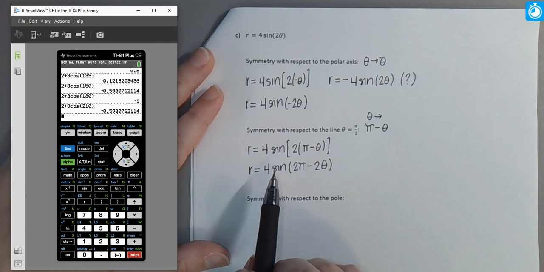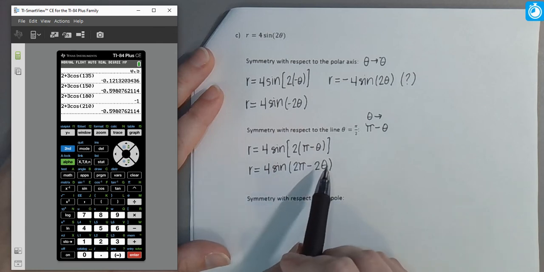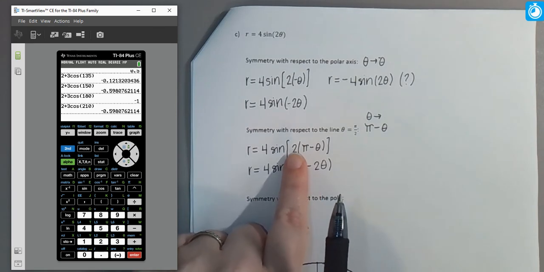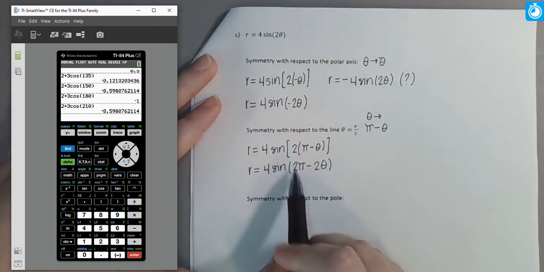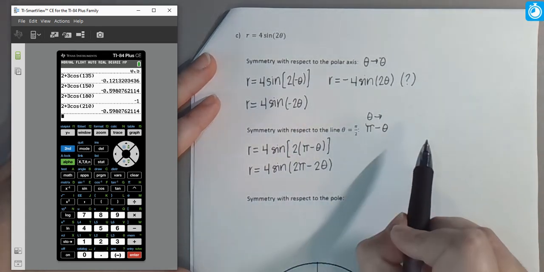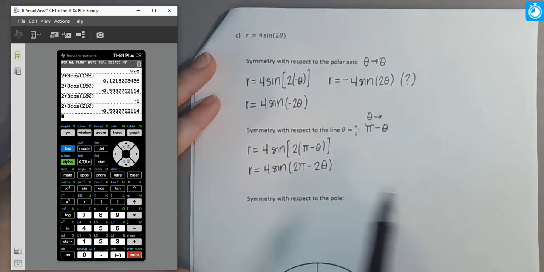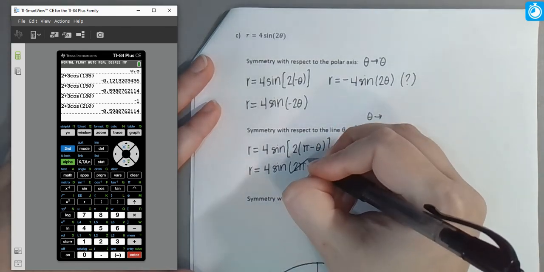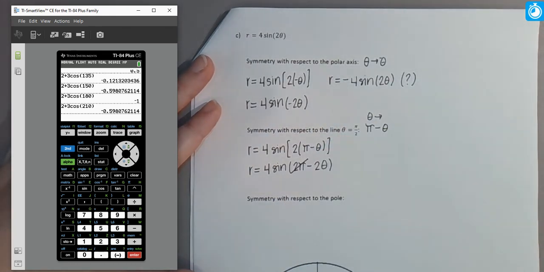So what that means is that the sine of 2 pi minus 2 theta, well, the 2 pi doesn't actually do anything. It doesn't affect the value for sine because it just represents taking a full rotation and getting back to where you started. In other words, the value for the sine will be the same. So technically, we can essentially just forget the 2 pi, just based on that periodic rule for sine.